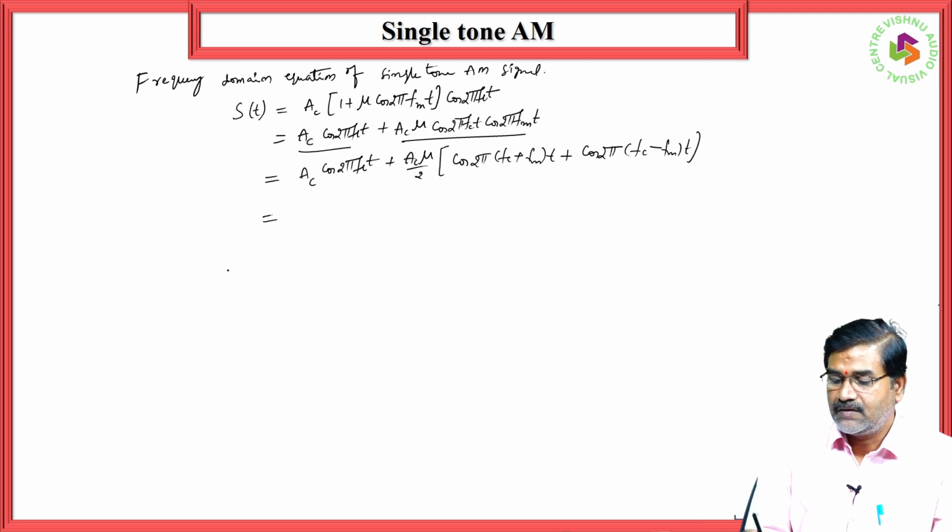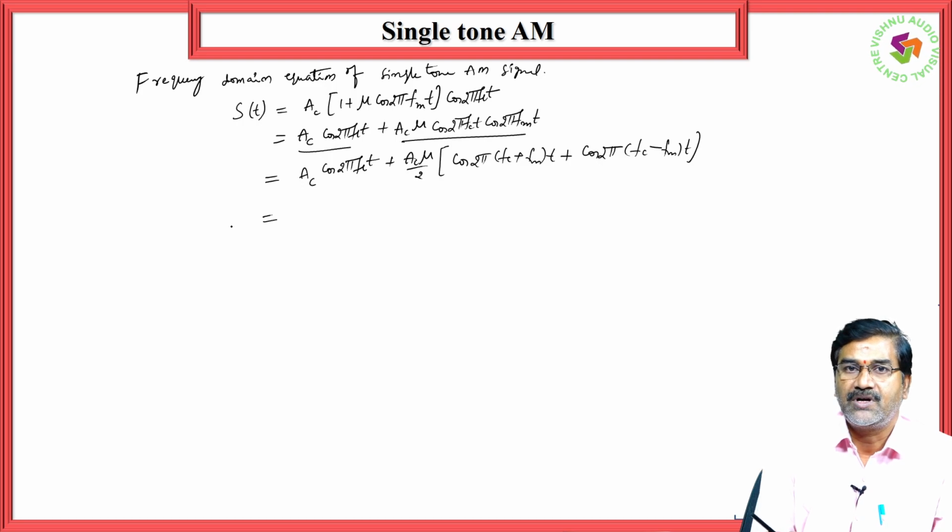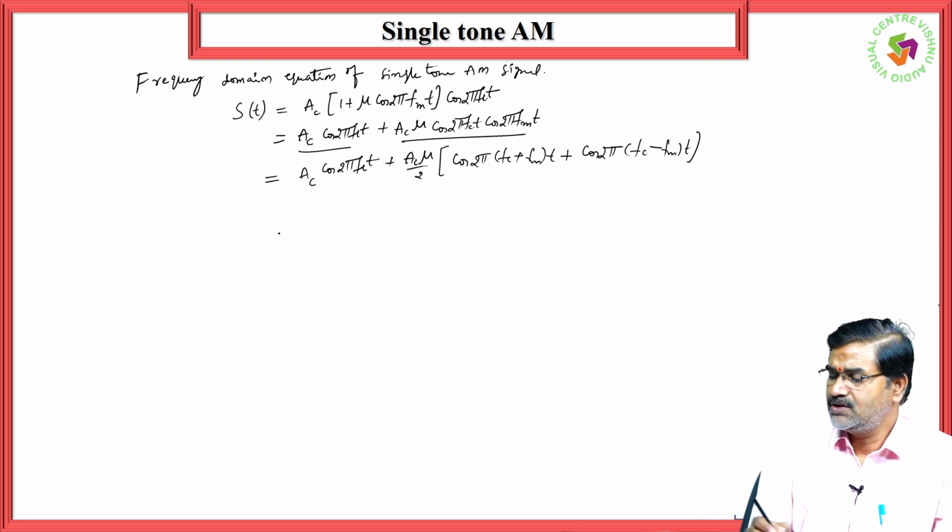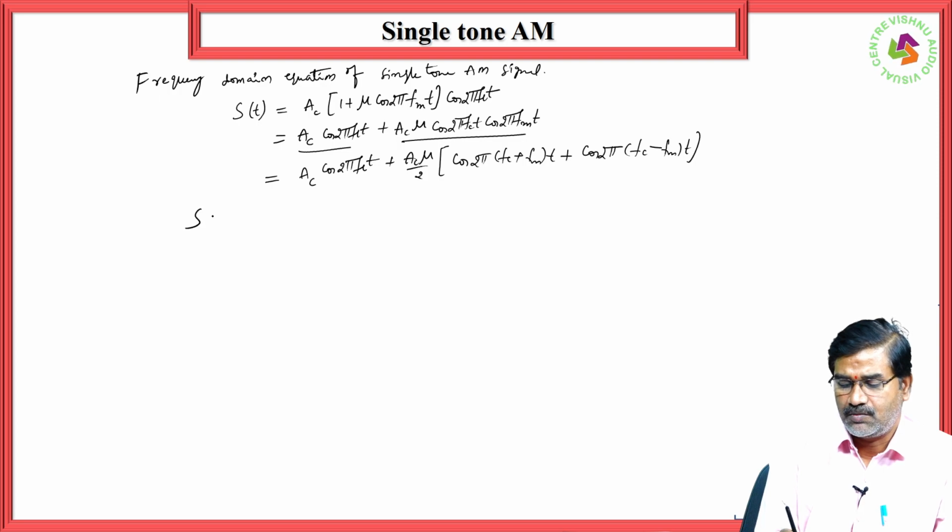So here we have three cosine components, so that I can easily convert them into frequency domain by making use of the frequency shifting property and delta function properties.